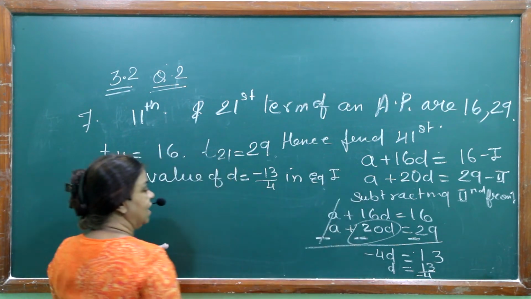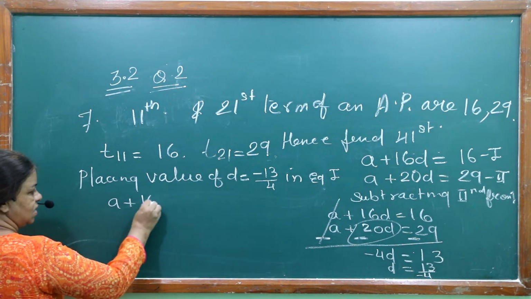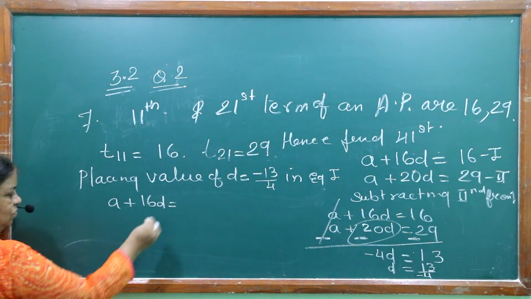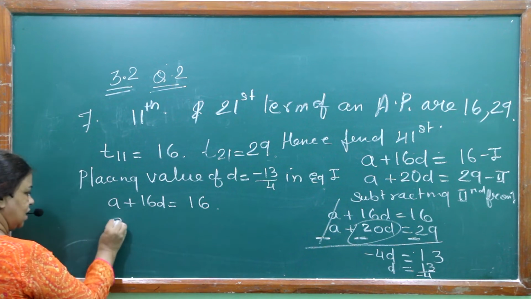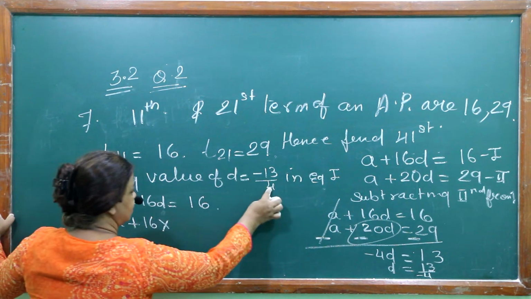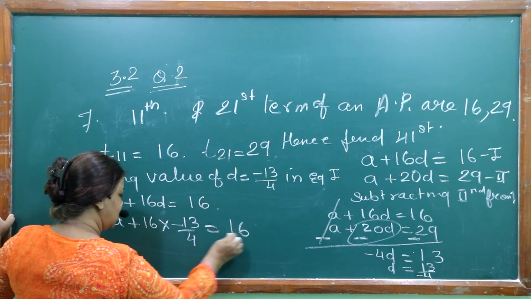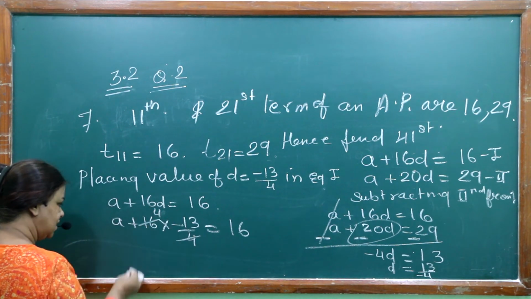Let me place it in 1. A plus 16d is equal to 16. A plus 16 into, what is d? Minus 13 upon 4 is equal to 16. 4 4s are 16.